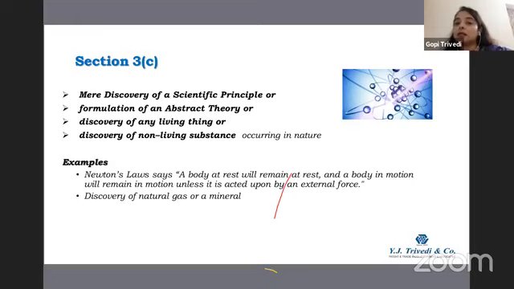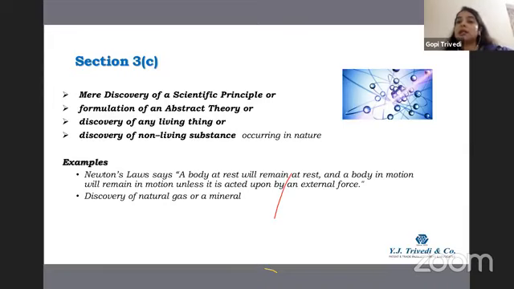Another exclusion is any scientific principle or its mere discovery or any abstract theory shall not be granted any patent. So Newton's laws shall never be granted a patent, but at the same time, if anybody develops an invention in the form of a product which is based on Newton's laws, it can be patented.